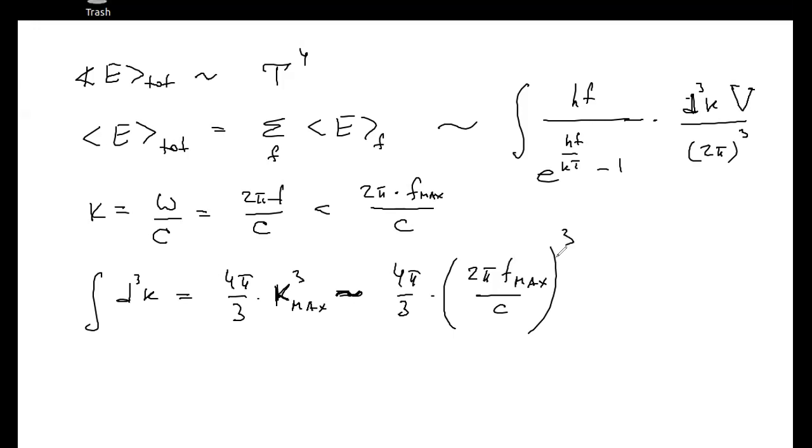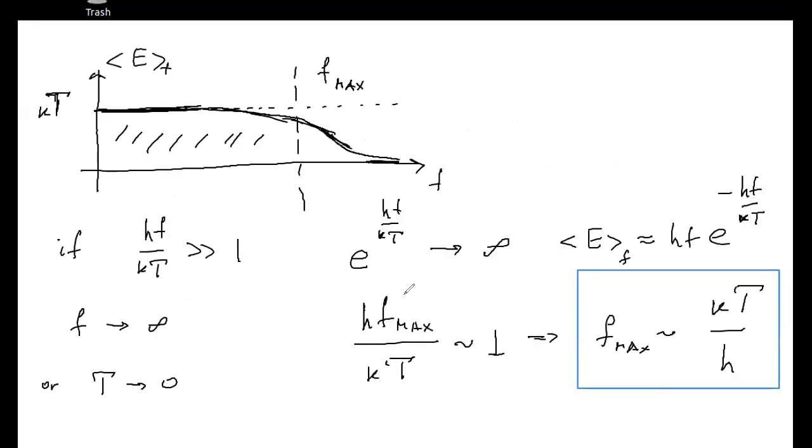And this is pretty natural, that the volume of integration for k space is restricted. Inside this volume, your average energy is roughly kT. Outside of this volume, your energy is roughly 0.